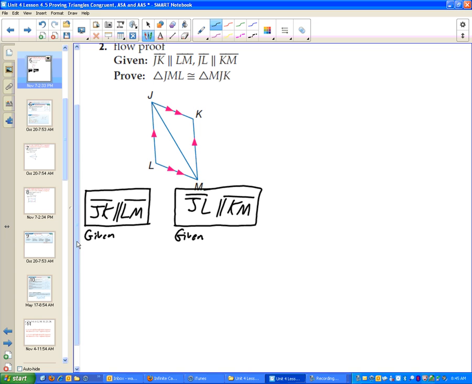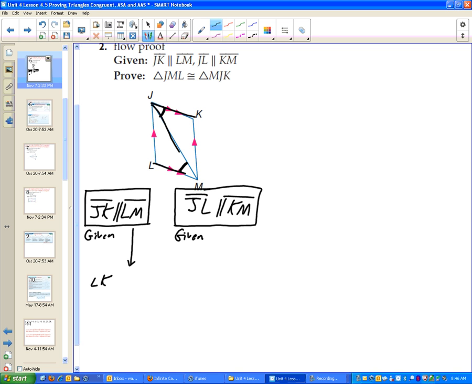Now, since JK is parallel to LM, let's see where that leads us. That's going to lead us to know a pair of congruent angles, isn't it? We'd already planned that out. So which pair was it? It was that transversal, so it was this angle and this angle. So what do you want to call one of them?